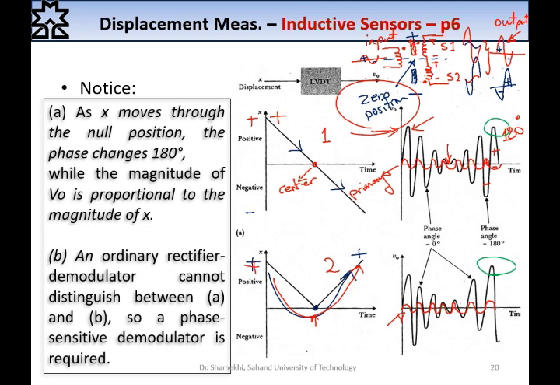An ordinary rectifier demodulator cannot distinguish between these two conditions with the same value of variation but different phase angles. We need to use a phase sensitive demodulator to distinguish between these two conditions.